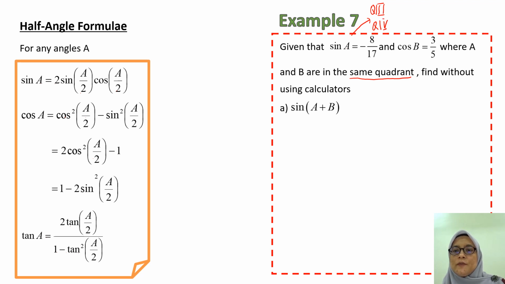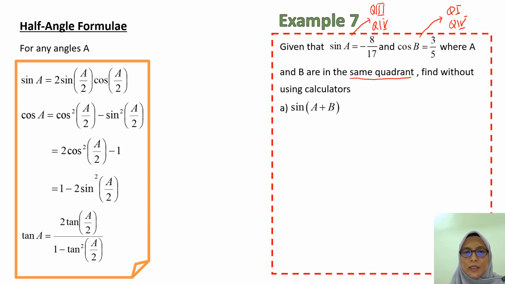So kat sini cos B is positive value. So kalau positive for cos is quadrant 1 and quadrant 4. Okay, so from here kita dah nampak dah sin dengan cos ni dia yang ada sama adalah dekat fourth quadrant. Okay, so means that A is in the fourth quadrant and B also in the fourth quadrant.